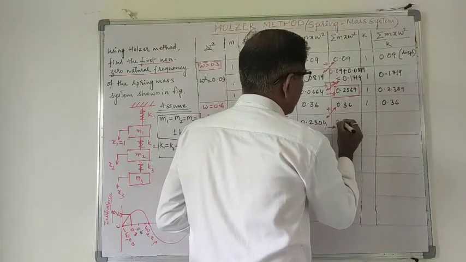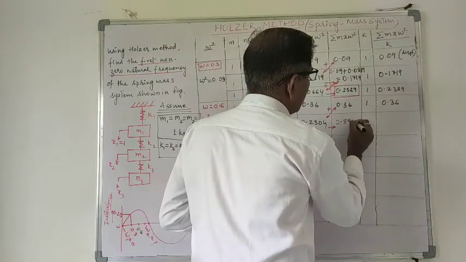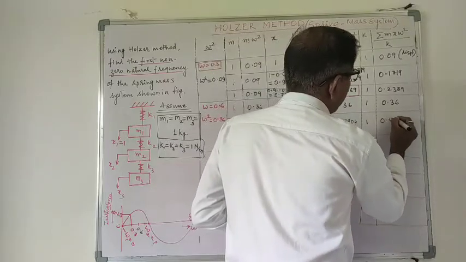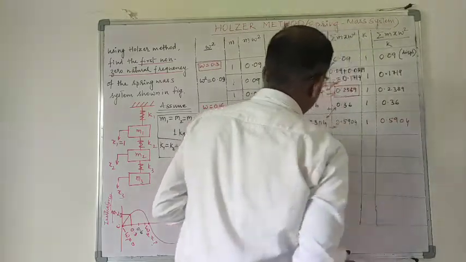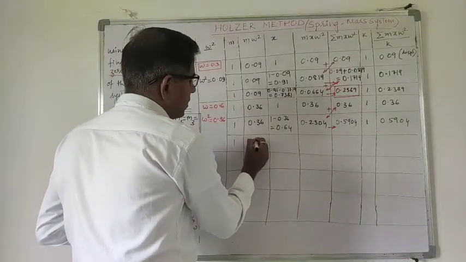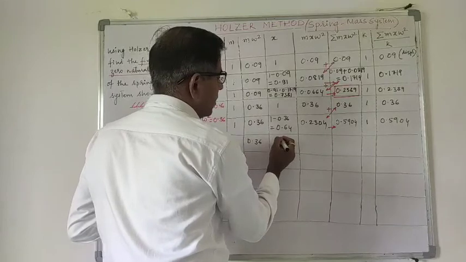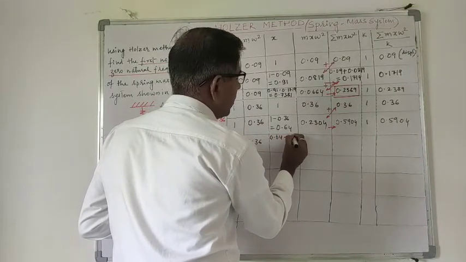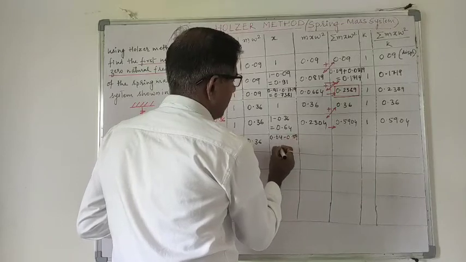The value of k is 1, so this is also 0.5904. Then the third mass is 1, so 1 into 0.36 is 0.36, and this is 0.64 minus 0.59, so the answer is 0.0496.